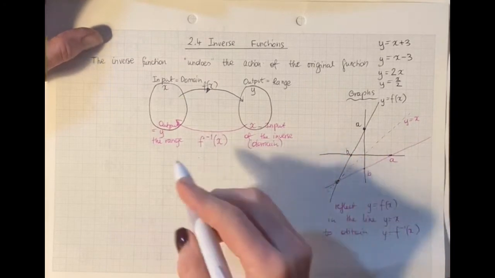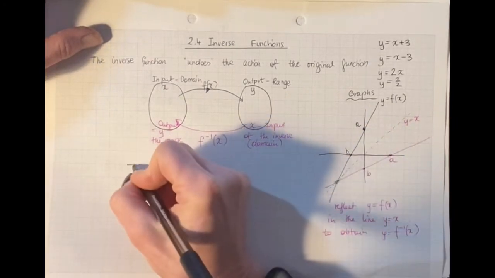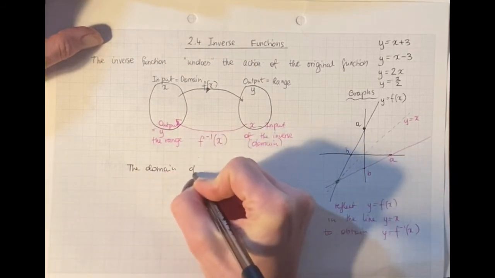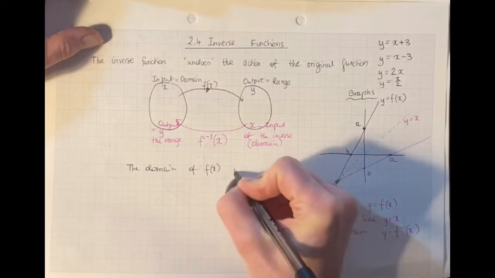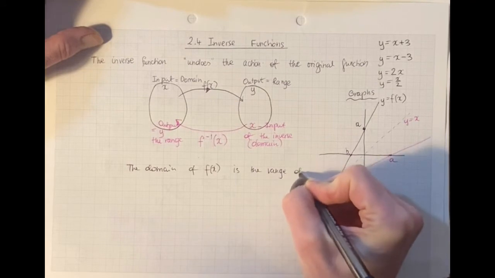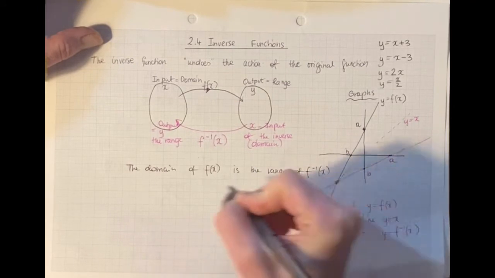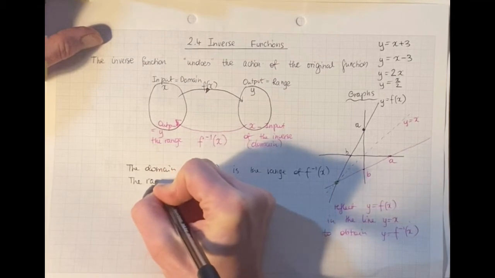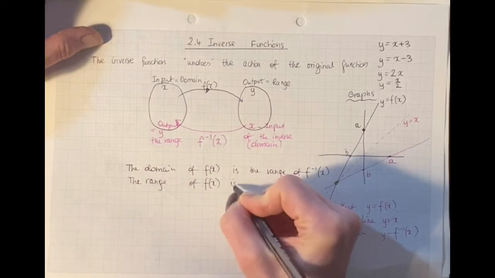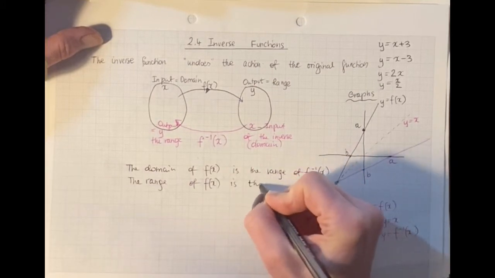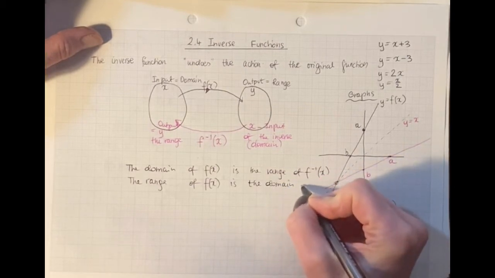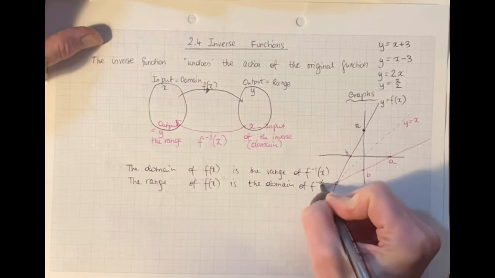Okay, so the domain, let's just write it down, of f of x becomes the range of the inverse function, and the range of f of x, so your y's, these are the values that become the domain. So they will be changed to x's of the inverse function, the domain of the inverse function.